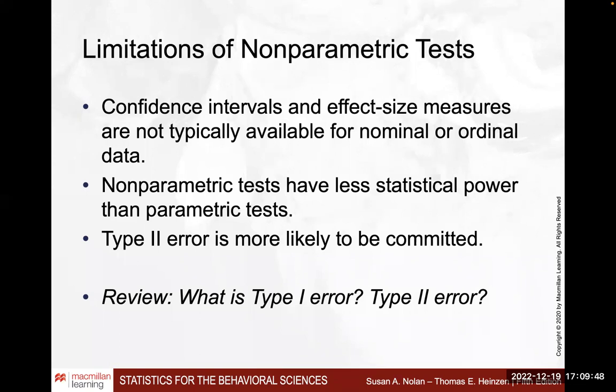And also remember, if you need to reject the null hypothesis and you don't, that's the type 2 error. And 1 minus the type 2 error probability is the statistical power, which is estimated a priori before you start your research.